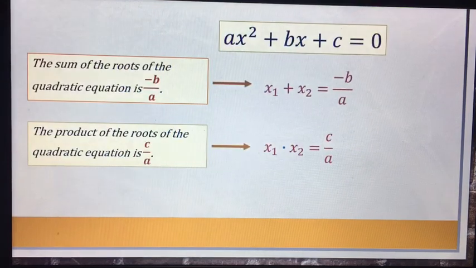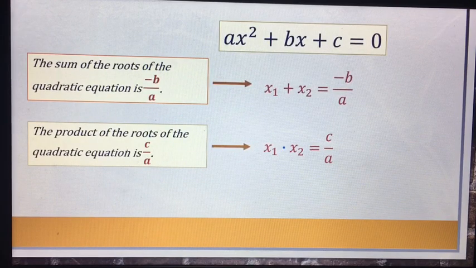Once again, the sum of the roots of the quadratic equation is negative b over a. In symbols, x sub 1 plus x sub 2 equals negative b over a. And the product of the roots is c over a.